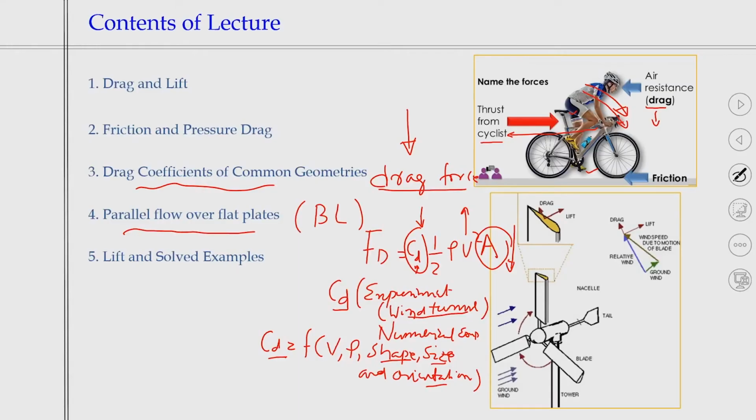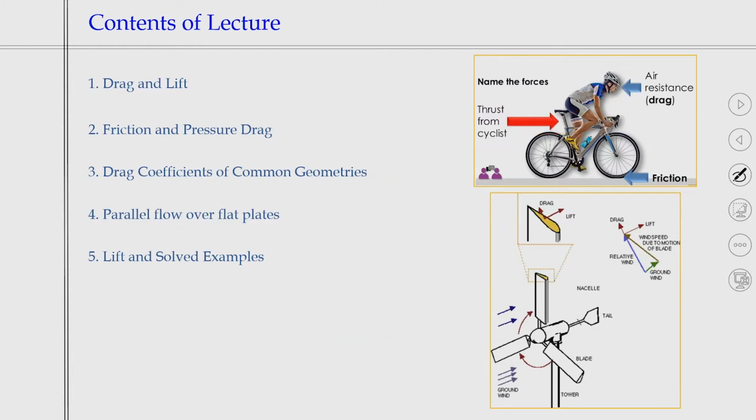So, as a very simple example of the CD variation, if you have an upright position, just driving like this, the CD value will be about 1.1, and if you bend, the CD goes almost 20% lower.